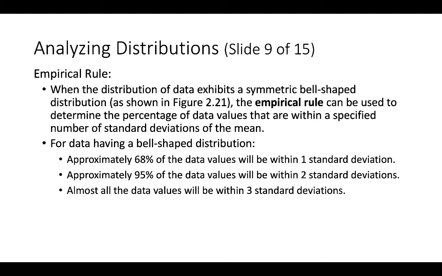Approximately 95% have a height between 63.5 and 75.5 inches. Almost all adult males in the US have a height between 60.5 and 78.5 inches.